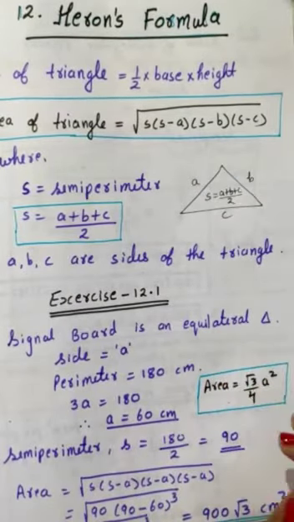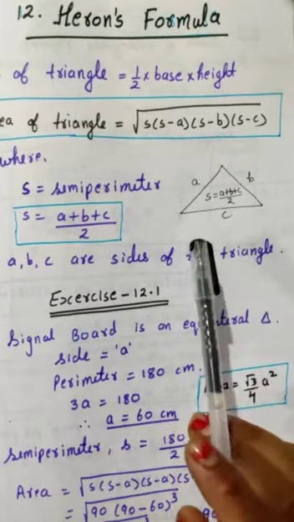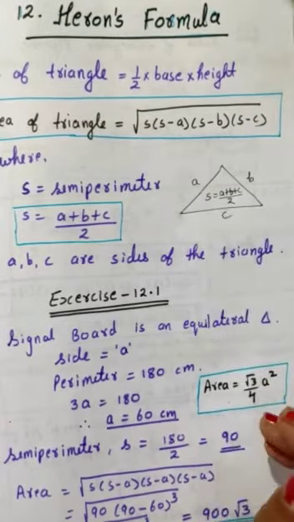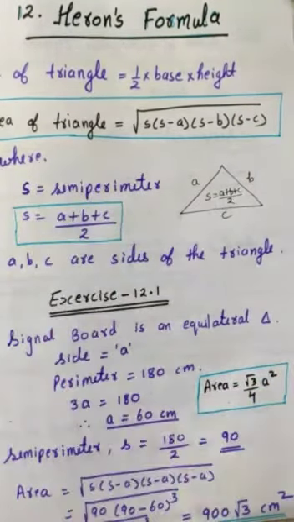The triangle can be equilateral, isosceles, scalene or right triangle. If three sides are given and you have to find the area, then you will use Heron's formula.